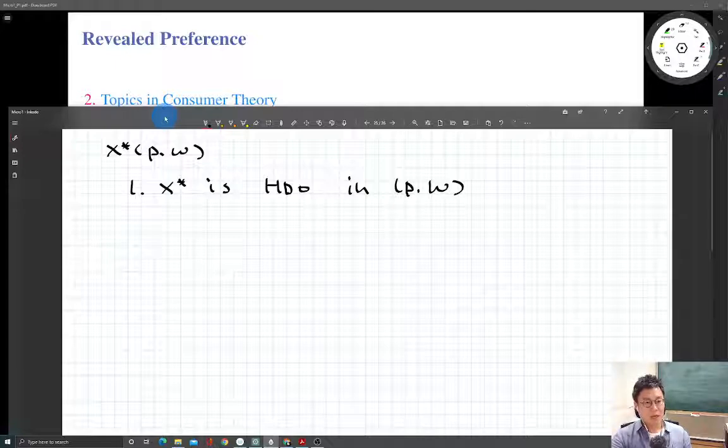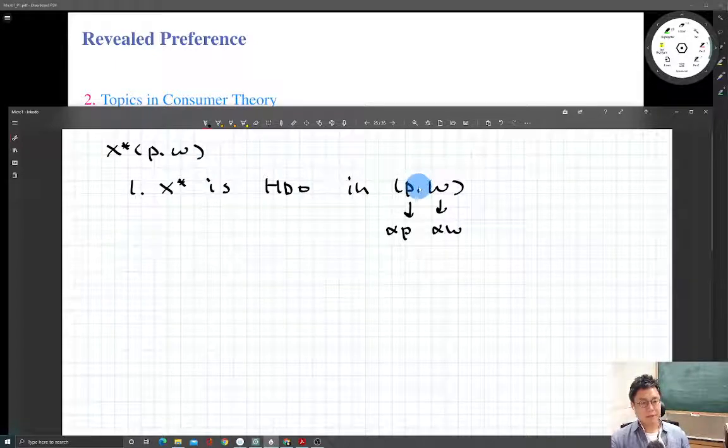That means if we increase p and w to alpha p and alpha w, so if we increase price vector and wealth alpha fold, this optimal choice, our prediction, does not change at all.